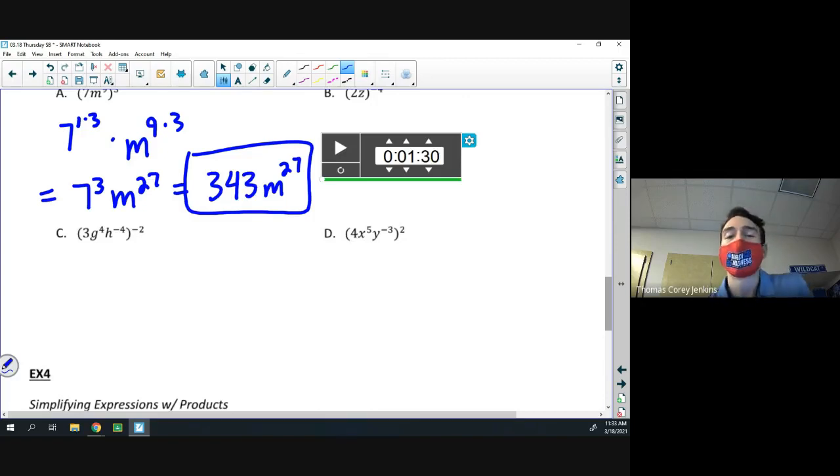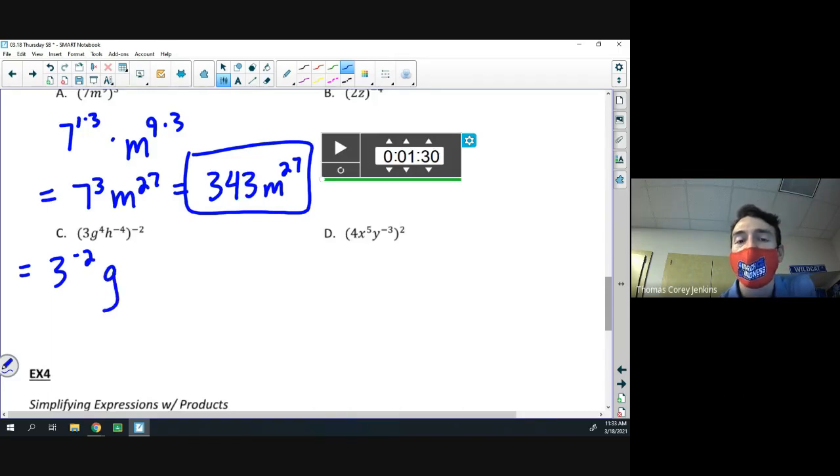Okay? C is just a little bit of a longer expression, but that's fine. We just need to remember to apply the -2 exponent to everything in the parentheses. So 3 is to the 1st power, so 1 times -2 is going to give me -2.